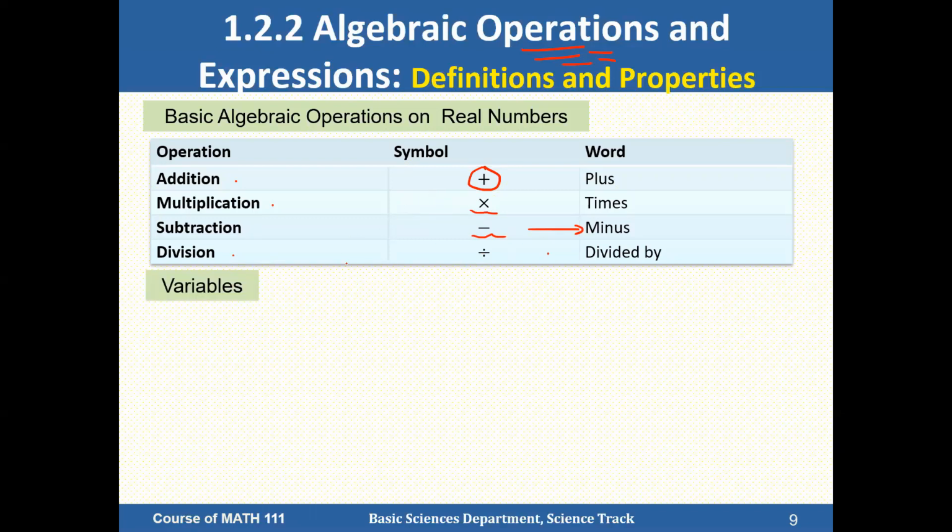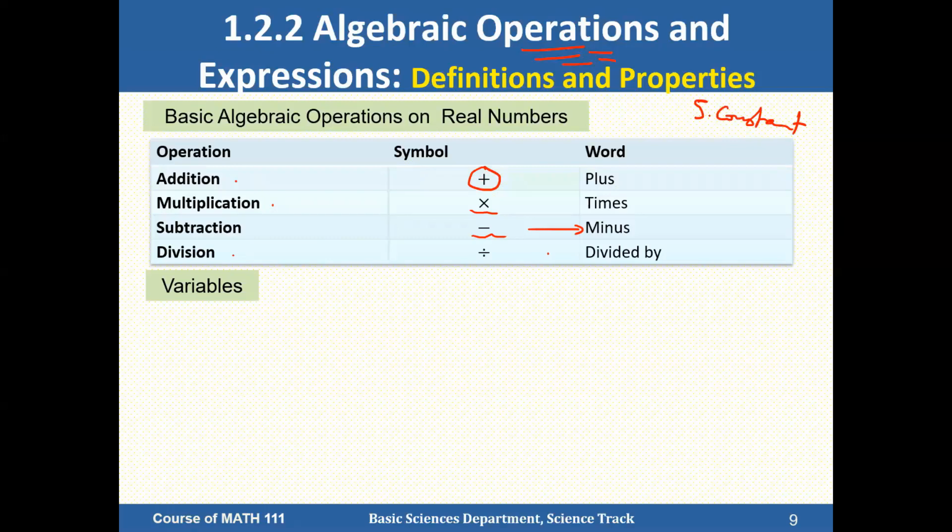Now, in mathematics, we use what we call a variable. A variable means that it can take different values, several values, unlike a constant. 5 is a constant, its value is fixed.